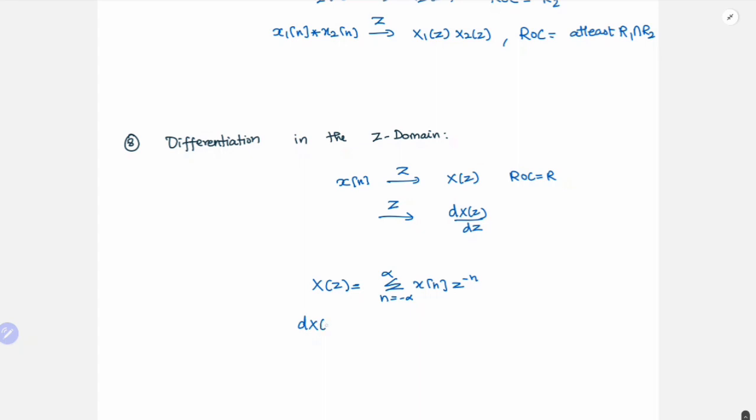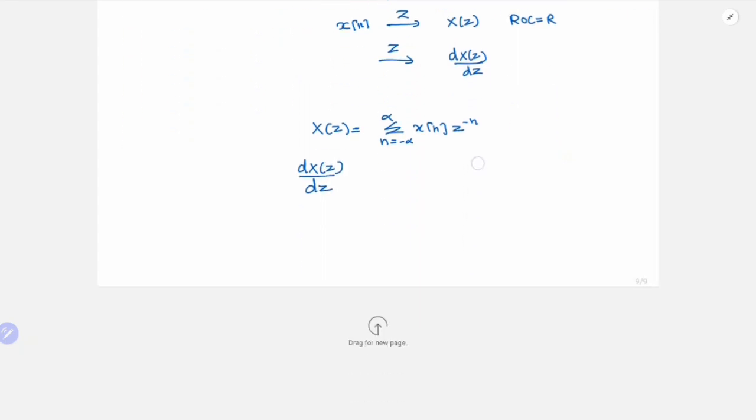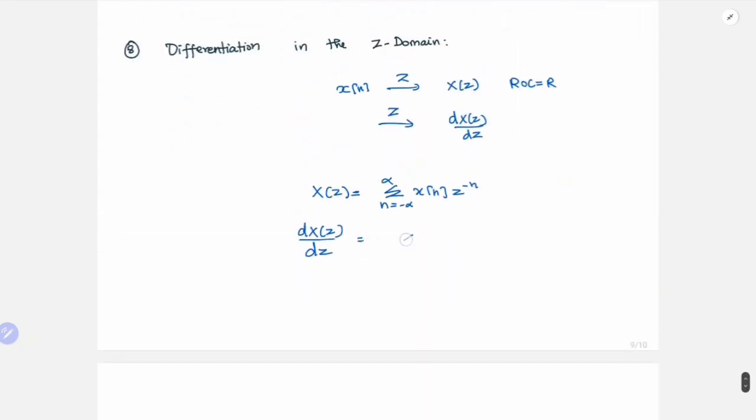So if I take a derivative, it will come out to be x of n times the derivative of this. But what is the derivative of it? It is minus n into Z power minus n minus 1. Again, if I want to represent it in the Z transform equation itself, I need to remove this Z power minus n minus 1, so I'll multiply both sides by Z, and also this minus n I can take to the left hand side.